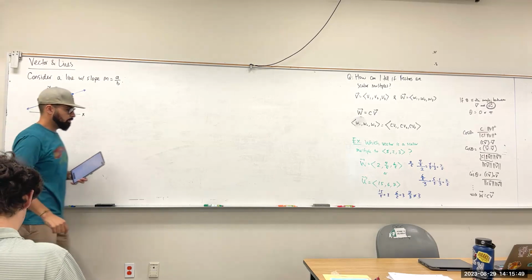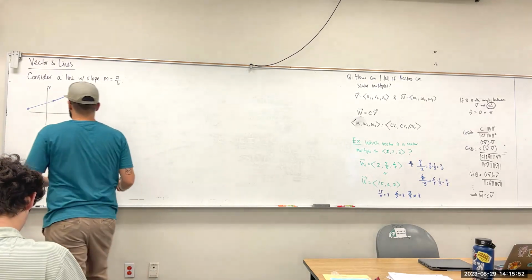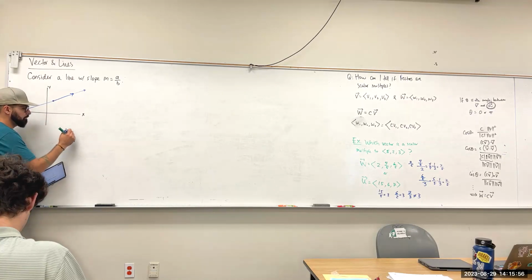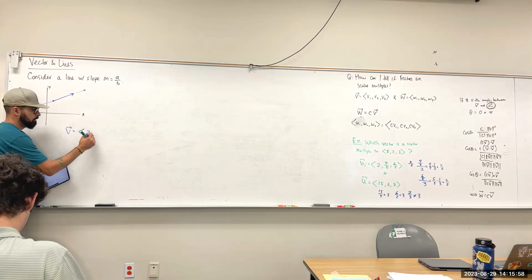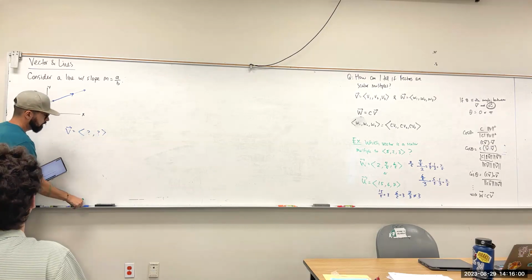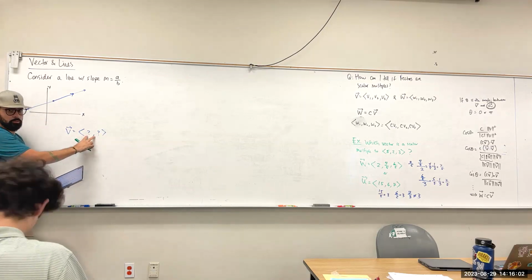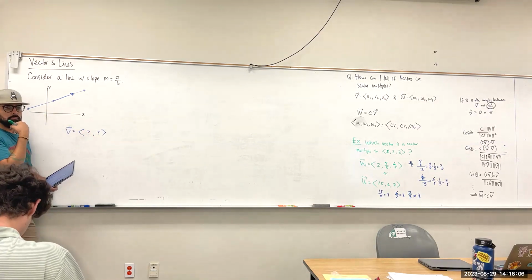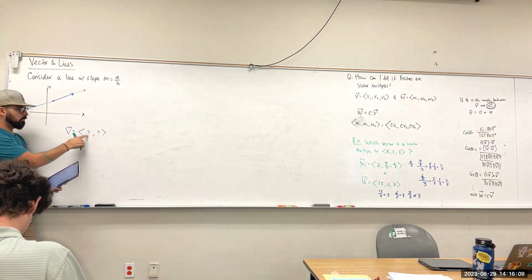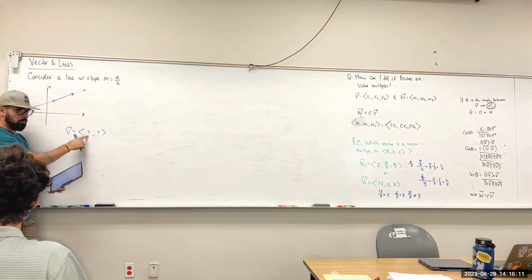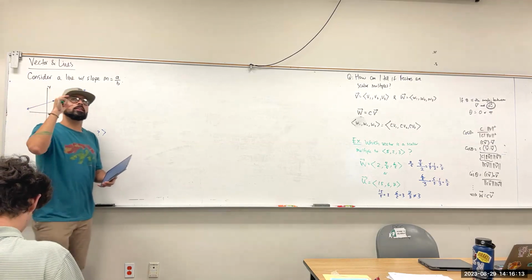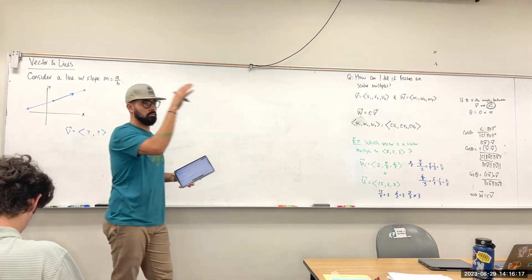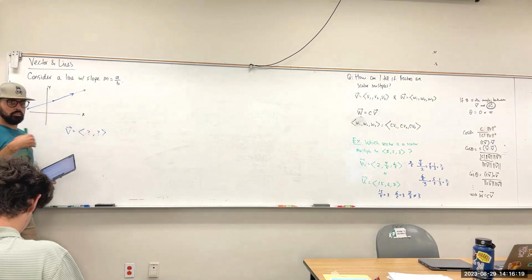Here's what I want you to help me with. Remember that a vector, we look at the components, right? The first component, the X component, tells you how much it goes in the X direction.